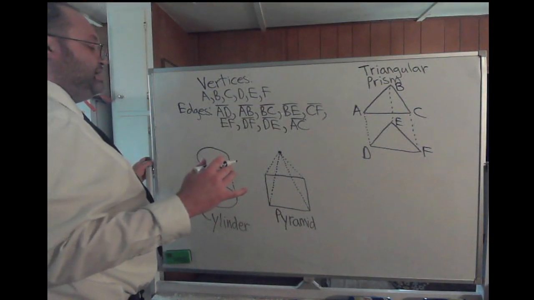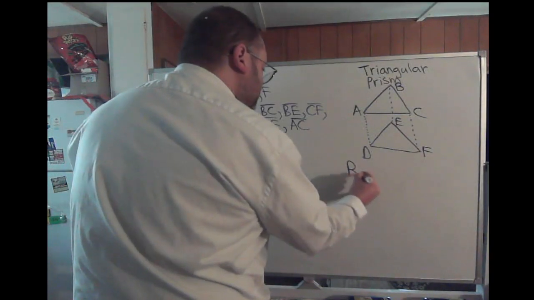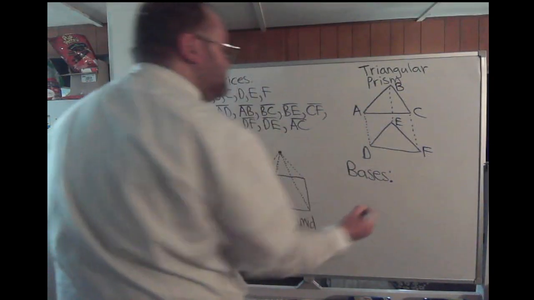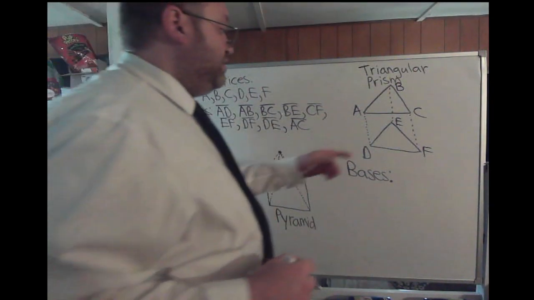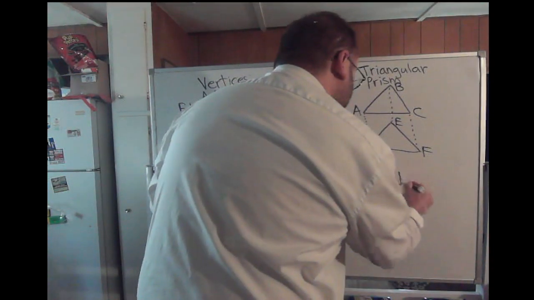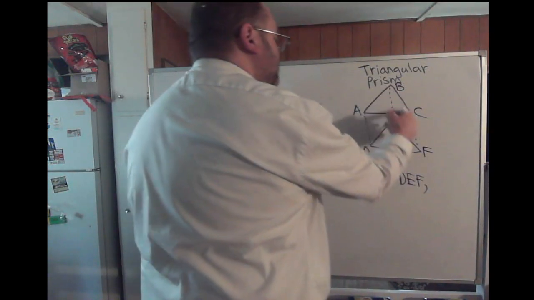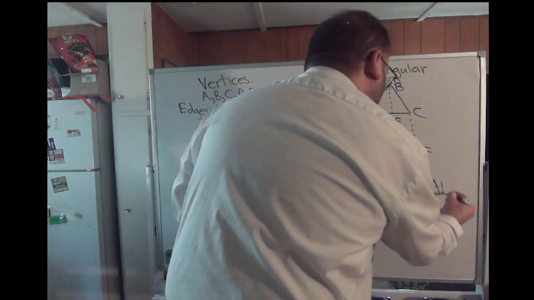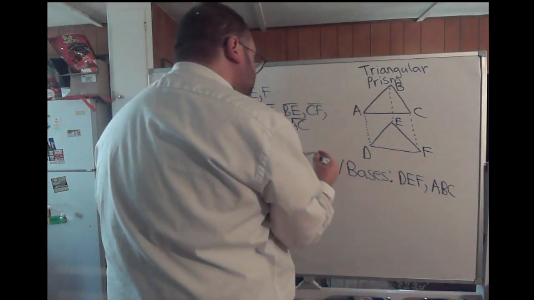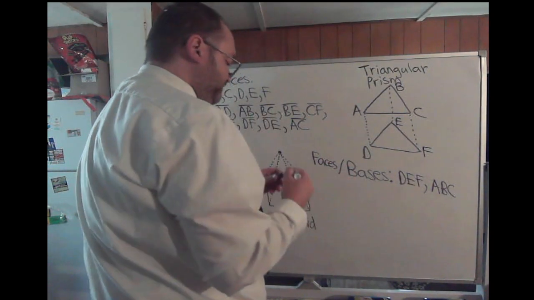Let's say now we want to find the bases. Well, we label the bases: you have triangle D, E, F, and then you have A, B, C. Those are your bases.